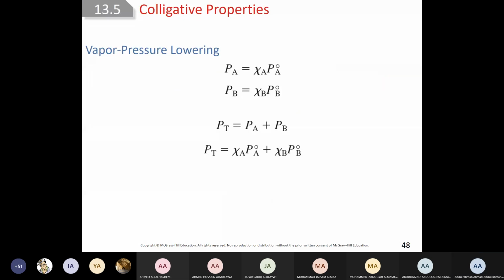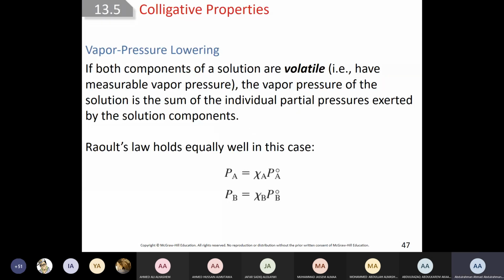Okay. When we have two liquids together, if we mix, and the solute and solvent are both liquid, then each one will have vapor pressure. So this is the vapor pressure of liquid 1.